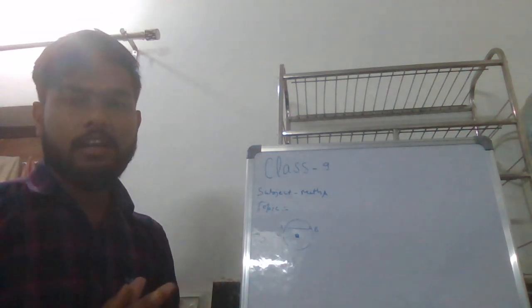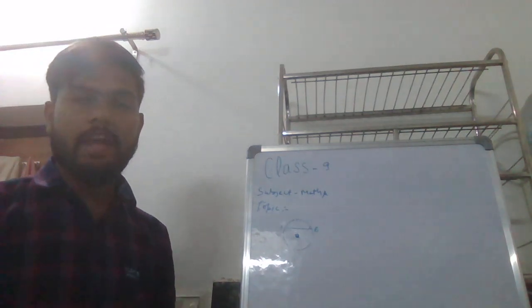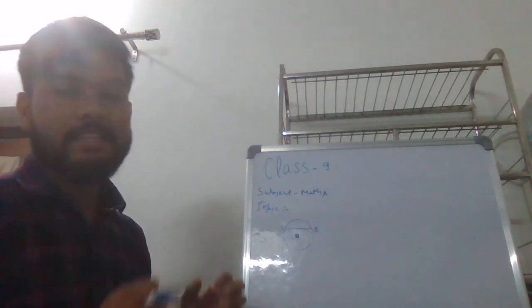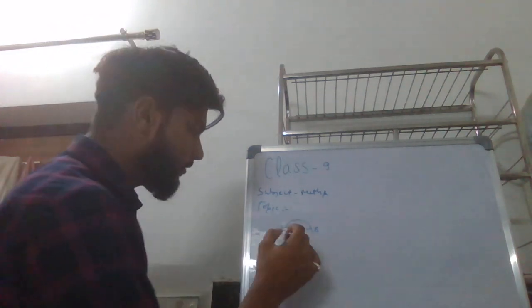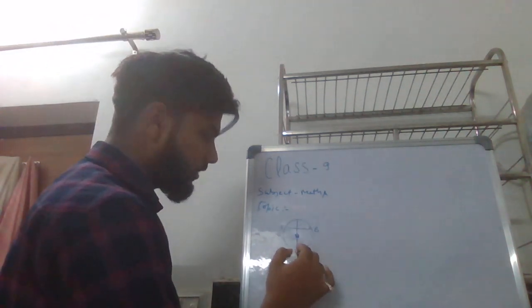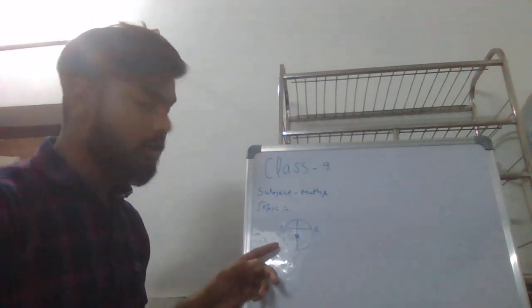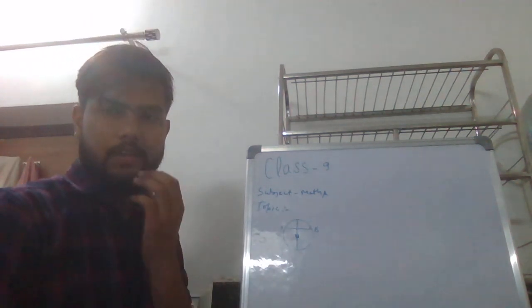Here we will discuss that angle OMA is 90 degrees and OM is bisecting the chord AB. So this will be the image over here.